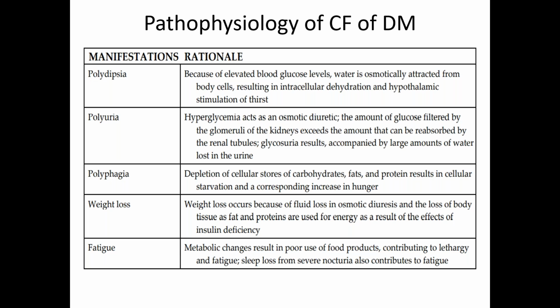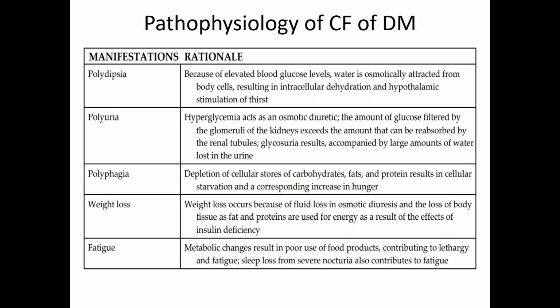Weight loss occurs because of fluid loss, dehydration, and osmotic diuresis, and also loss of body tissues because carbohydrates, proteins and fats are broken down. Proteins and fats are utilized for energy in place of glucose.